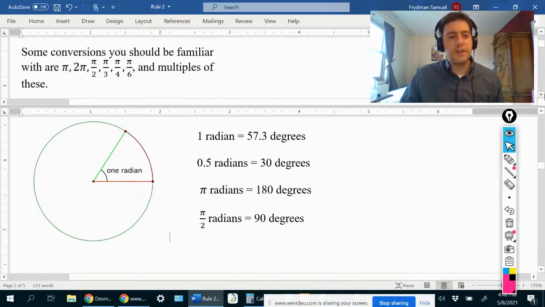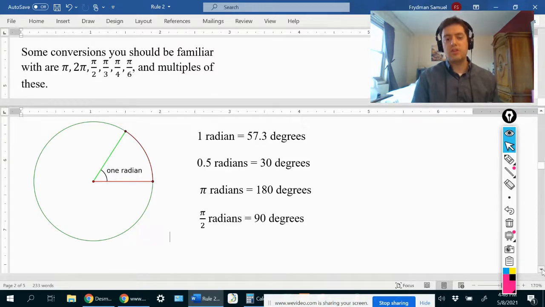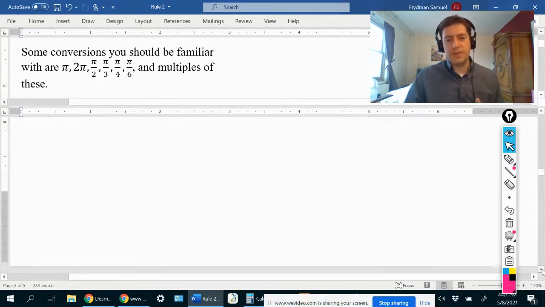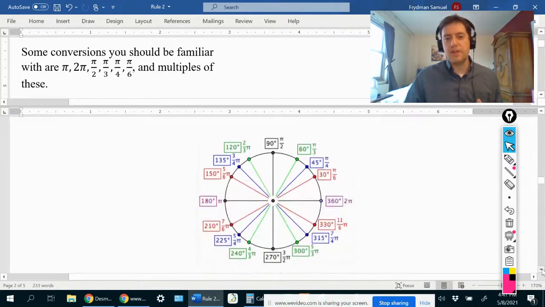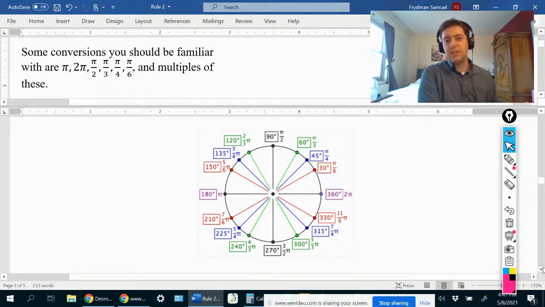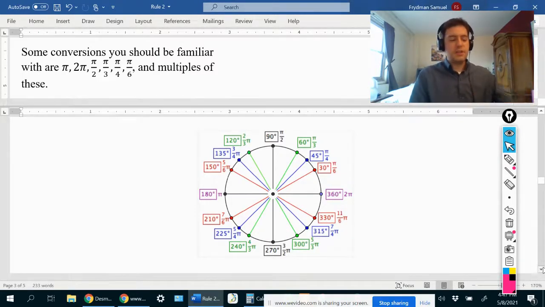Now I'll finish up the video just by mentioning that there are some conversions that you should be familiar with. Just like you know your times tables for certain numbers, hopefully you don't have to go to a calculator every single time you need to do 2 times 2, right? There are some measurements in radians that you should know off the top of your head how to convert into degrees.